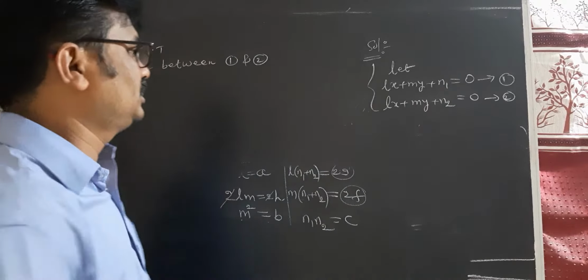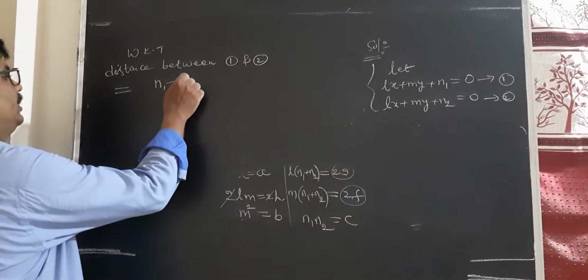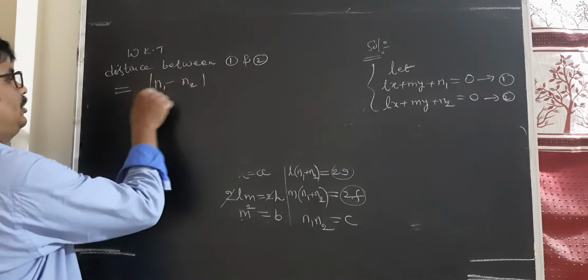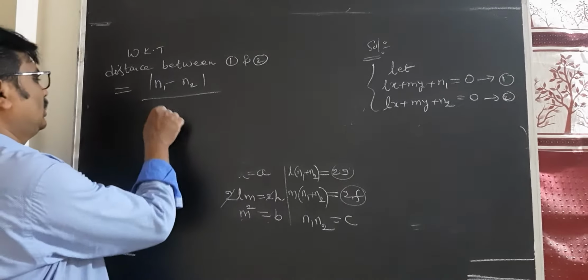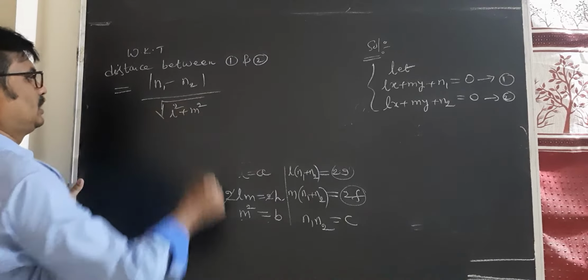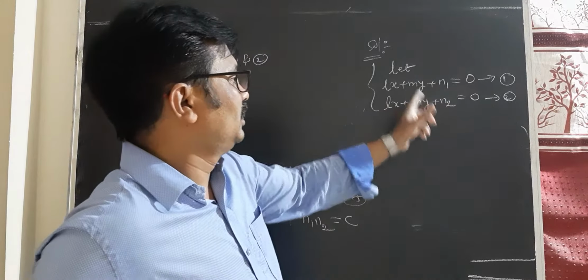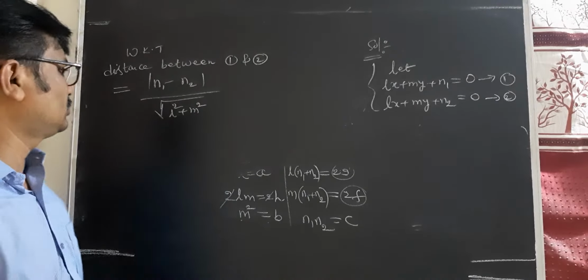So the distance between them is modulus of c1 minus c2, that is modulus of n1 minus n2 by root of L square plus m square. Is it clear, students? The modulus of n1 minus n2 by under root of L square plus m square.